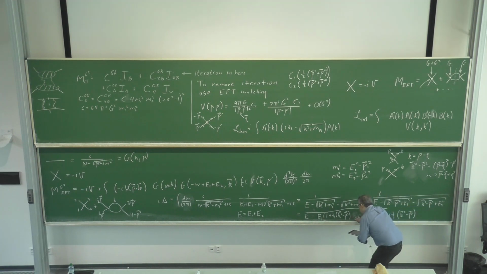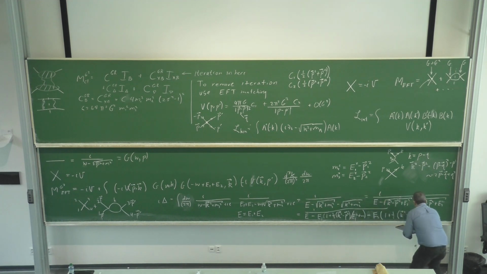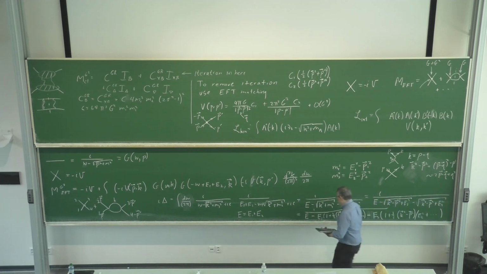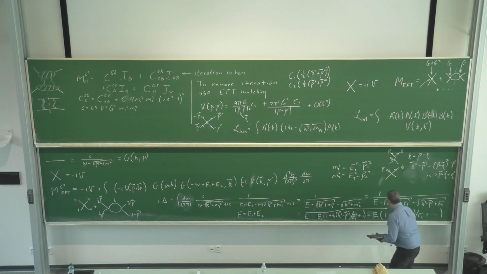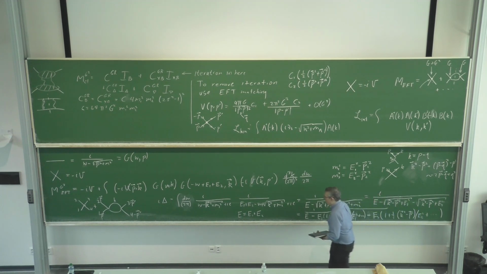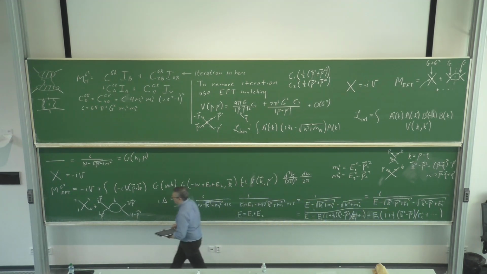Oh, and this should have been divided by E1 squared, since I'm pulling out E1, plus dot, dot, dot, divided by E2 squared, plus dot, dot, dot. Okay, I series expand this fellow. This first E cancels minus E1 minus E2, that's the one that cancels.